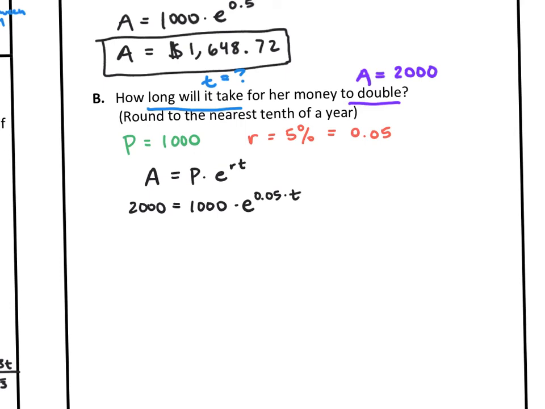Similarly to 7b, I want to get e by itself and eventually t by itself. So how do I get rid of the 1,000?